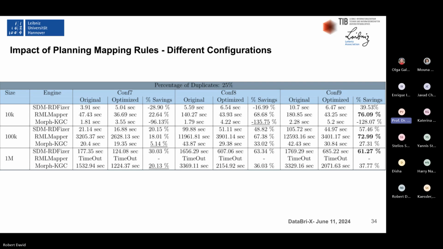As for example, with RML Mapper, that actually requires all this optimization process in order to enhance its execution. So please click, I think you can click 3 times. Yeah, next please. And you will see that in simple scenarios, it can be costly.